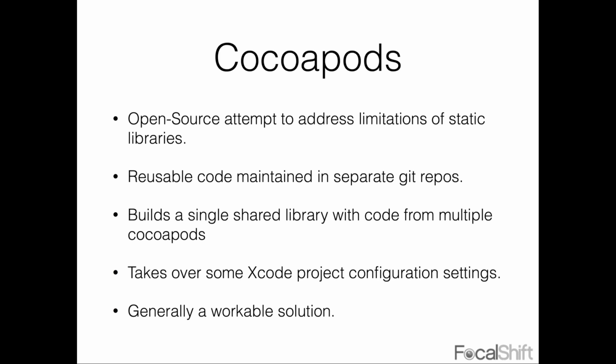They combine all those things together into a single static library, and then they generate an Xcode workspace that wraps around your project plus this static library and makes all of that stuff link together and be reusable.